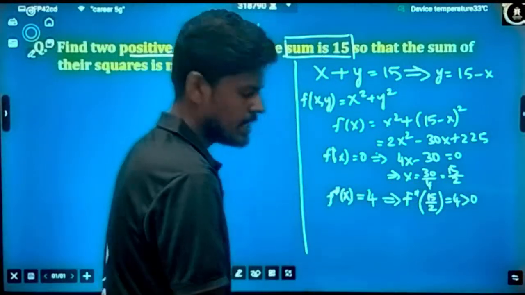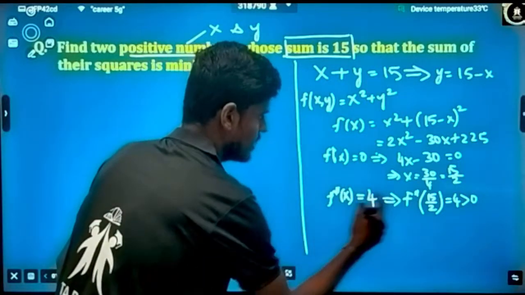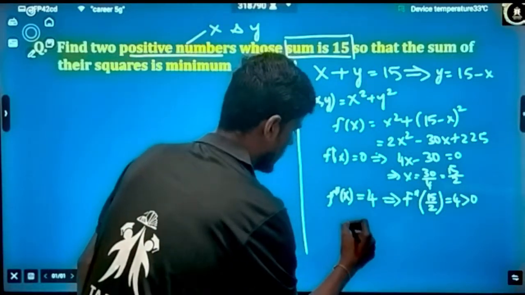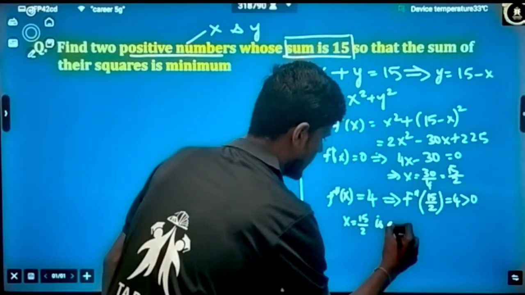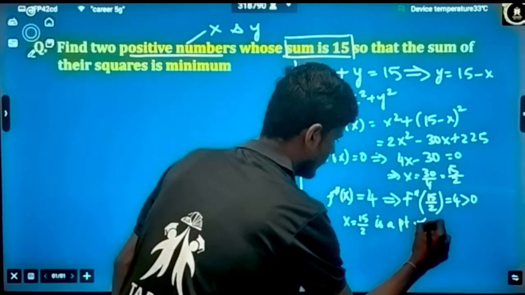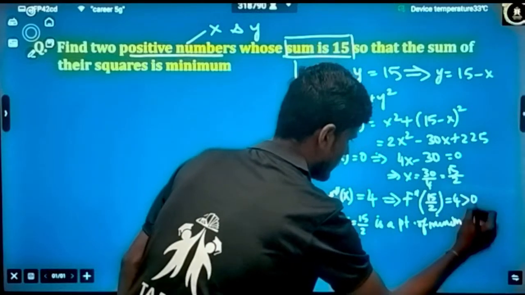So that's why we are checking at the critical point what is the curvature of this curve. So that means x equal to 15 by 2 is a point of minimum.